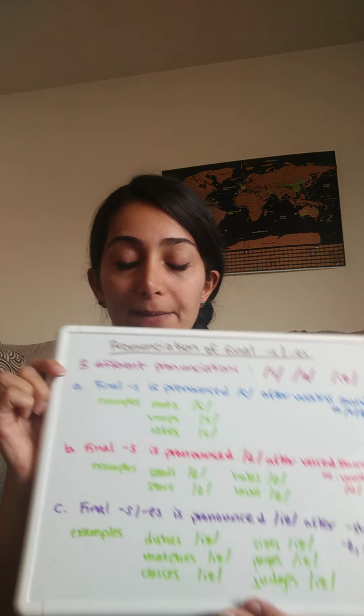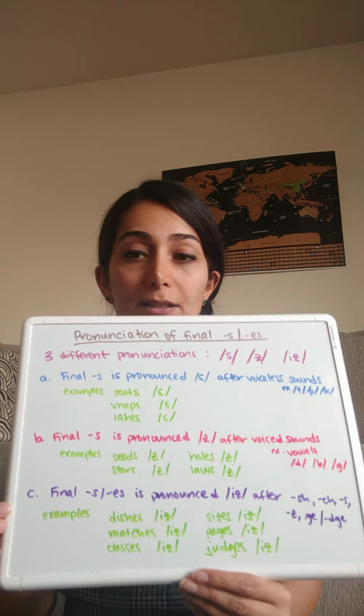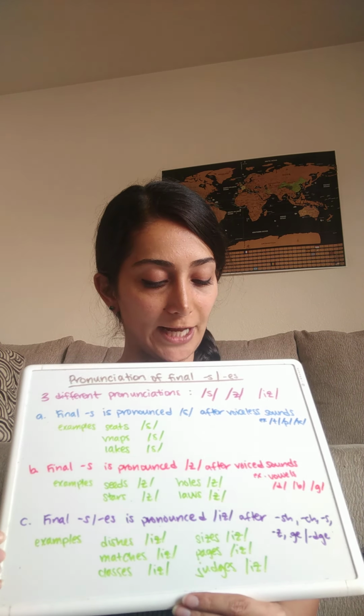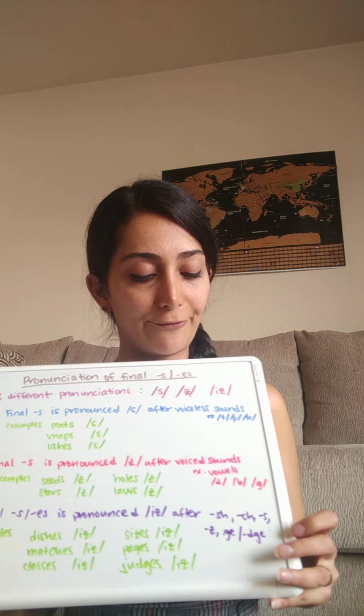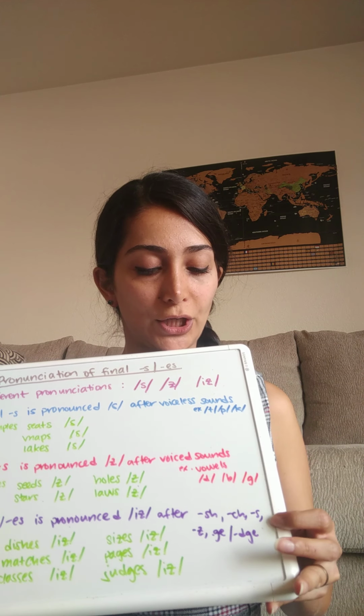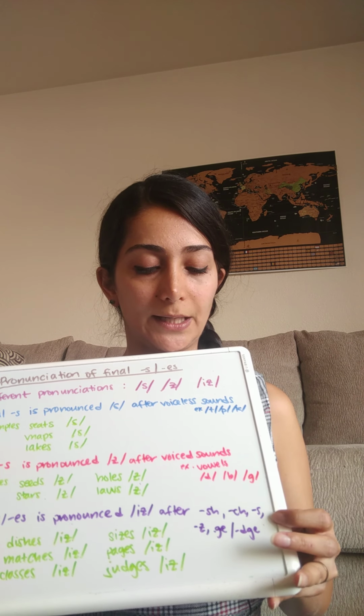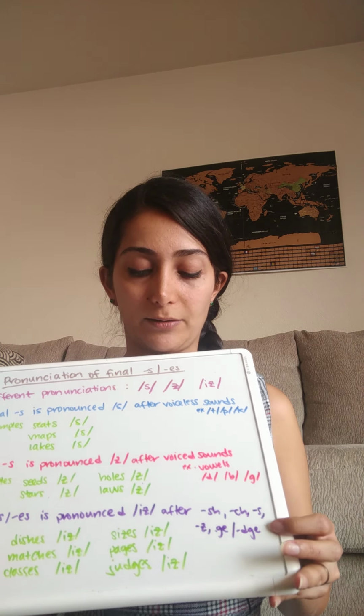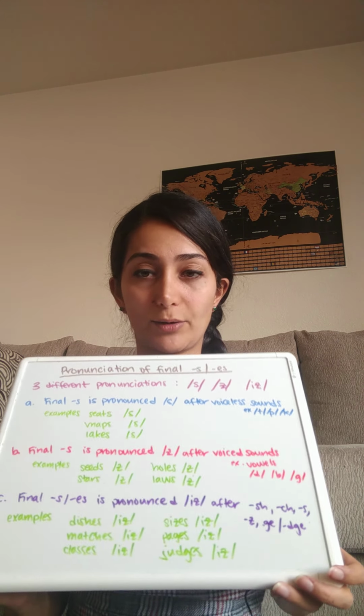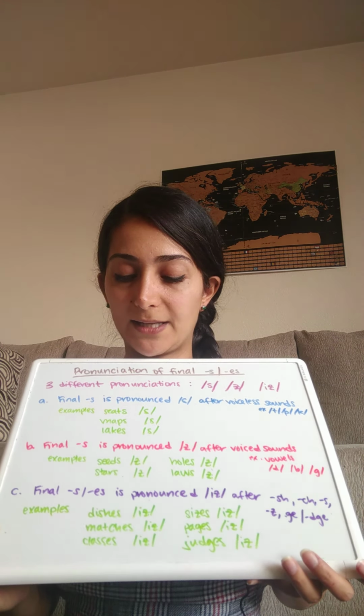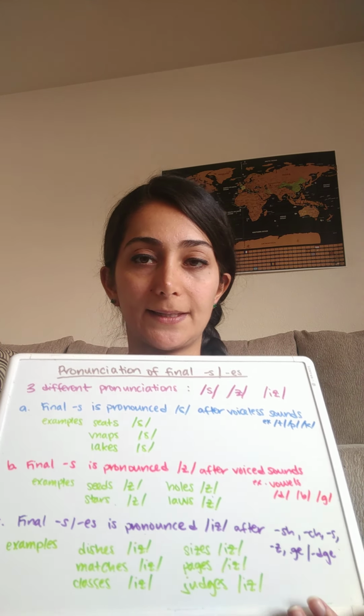And then finally, the final s or es is pronounced iz after these sounds: sh, ch, s, z, and j. There are different spellings there, so I put them both. Some examples are dishes.